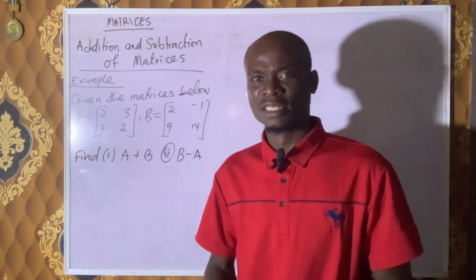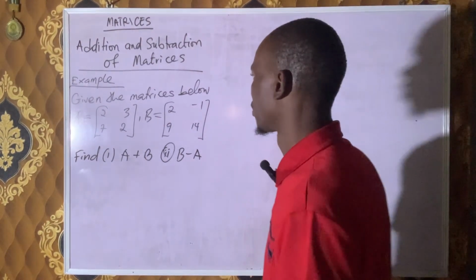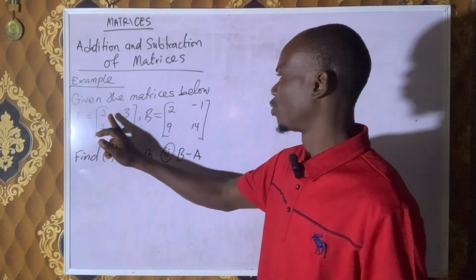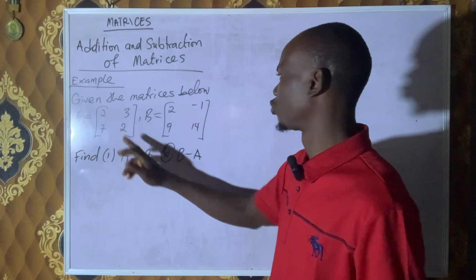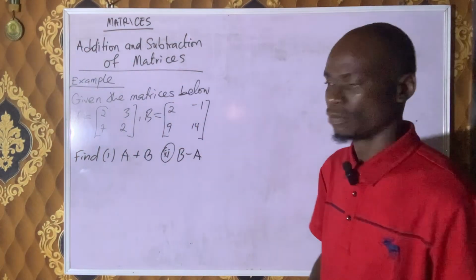Let's assume we are given an example on matrices. It says given the matrices below, A equals the matrix of 2, 3, 7, 2, and B equals the matrix of elements 2, minus 1, 9, and 14.